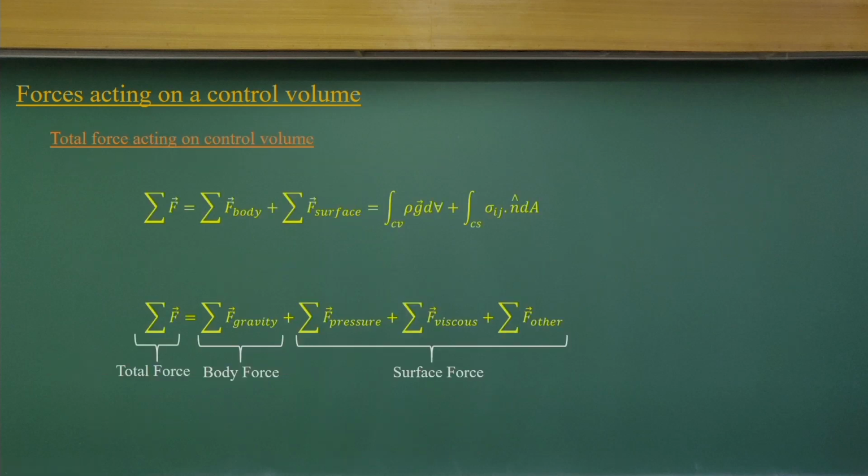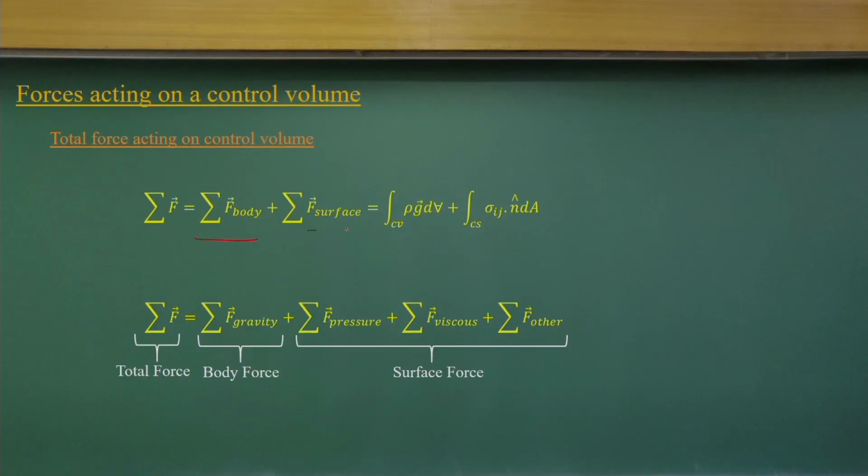It looks very complicated, as if we cannot apply it to the simple example problems we encounter as civil or mechanical engineers. The total force acting on the surface is the body force and the surface force, two integrals: one a volume integral, another a surface integral.